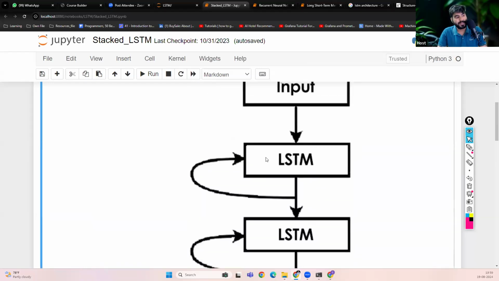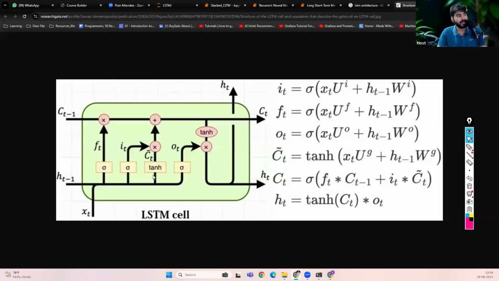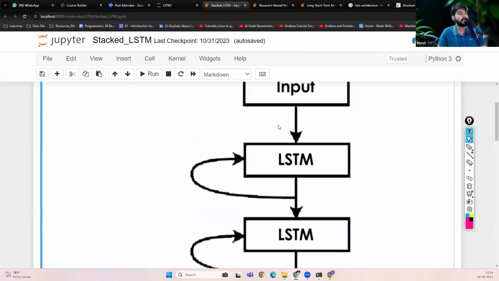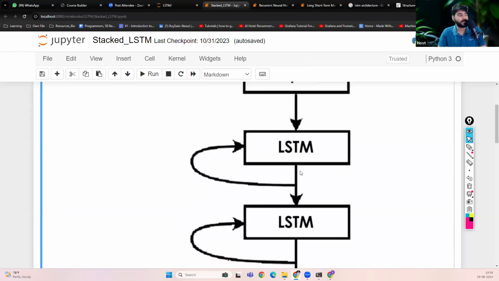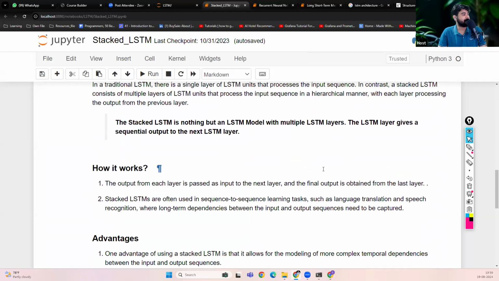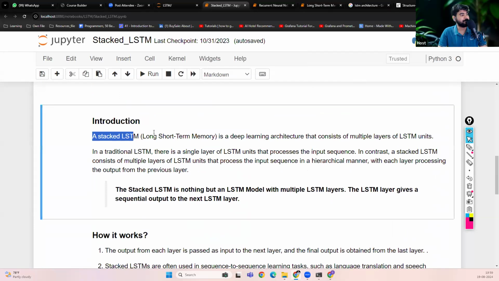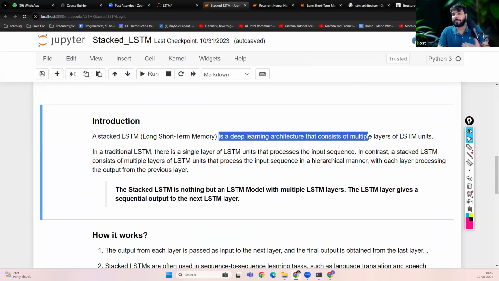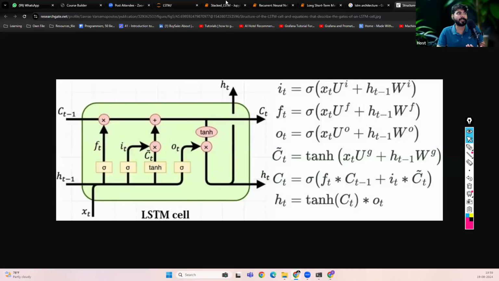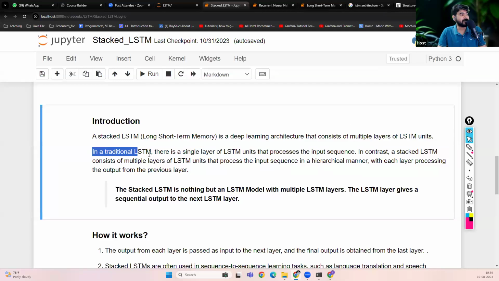In between, there is the internal architecture under each LSTM. As you can see in the simple definition, a stacked LSTM is a deep learning architecture that consists of multiple layers of LSTM units. At the end, we have the same calculation. In a traditional LSTM, there is a single layer of LSTM units that process the input sequence.